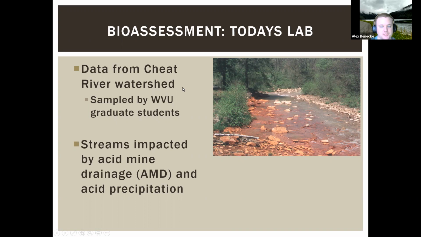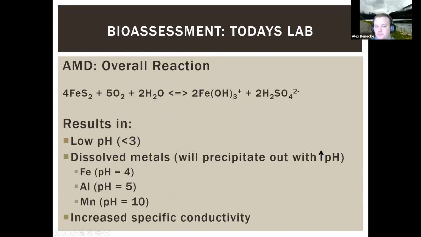And again, all those calculations will be pretty much done for you in the spreadsheet. So just real brief, this is the acid mine drainage overall reaction. We'll have iron sulfide, FeS2.